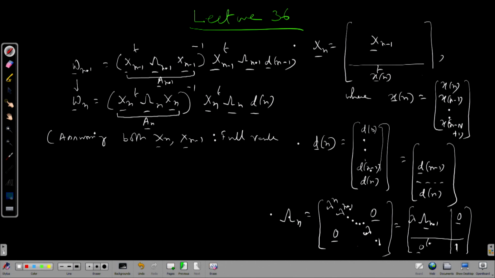I am assuming A n and A n minus 1 both are invertible. This is my A n. A n minus 1 is just replacing n by n minus 1, and in both cases the inverse exists. So, I am assuming that small n, the time index, is at least equal to capital N or more, not before that. What happens before that, how to take care of that, we will see later. So, this is my A n.